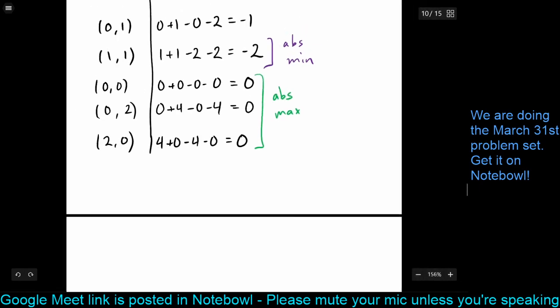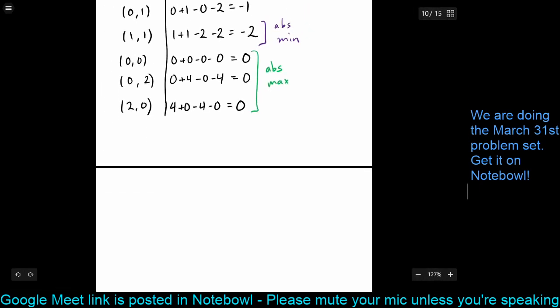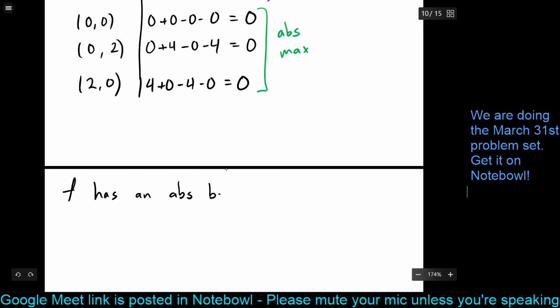Right, so it's sort of a good idea to summarize these answers here and say f has an absolute max, not bax, max, at 0, 0. Sorry, I need to edit some things. An absolute max value, because we're asking for the values here, of 0 at 0, 0, 0, 2, and 2, 0.